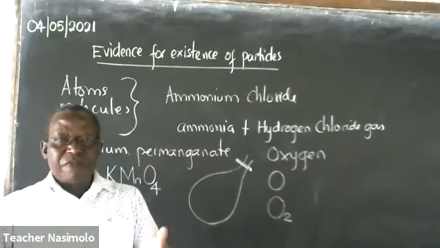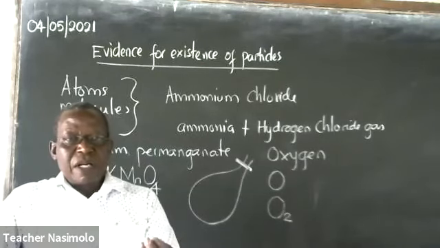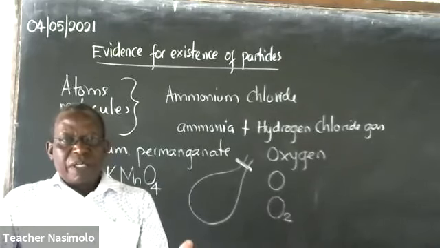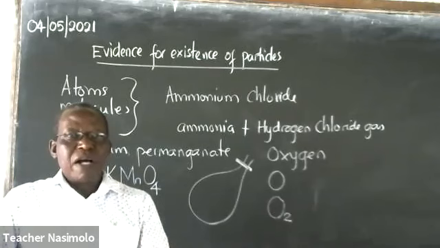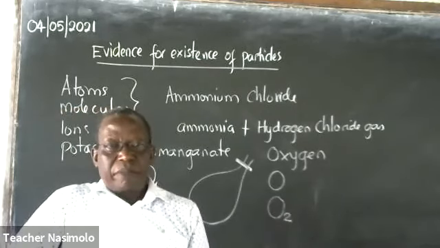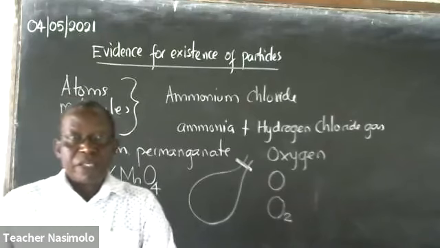Now, it means, therefore, that if the sunshine gives them more energy, then they will become even more energetic to move randomly. And when they do that, time will come when that random motion or that collision with the walls of the container will make the walls of that balloon give way, and therefore they will burst.